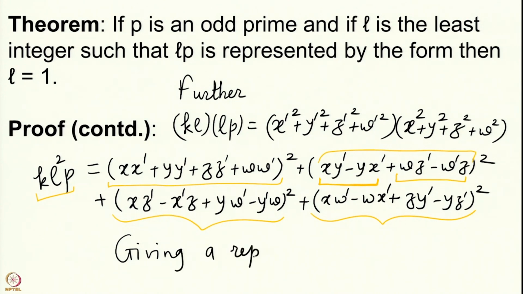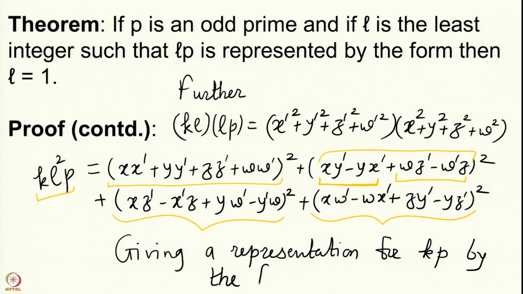giving you a representation for kp by the form that we are talking about, which would mean that kp is also a sum of 4 squares. Here all these 4 squares that appear, each of them is divisible by L square.